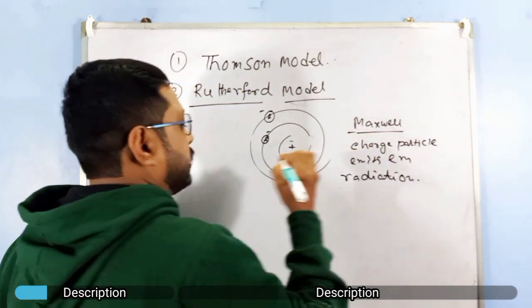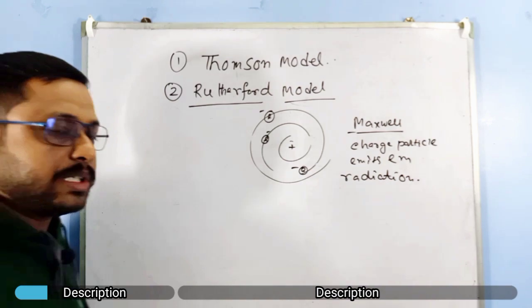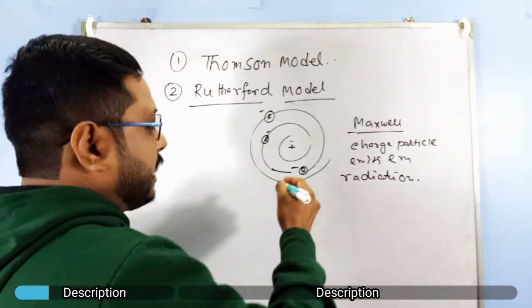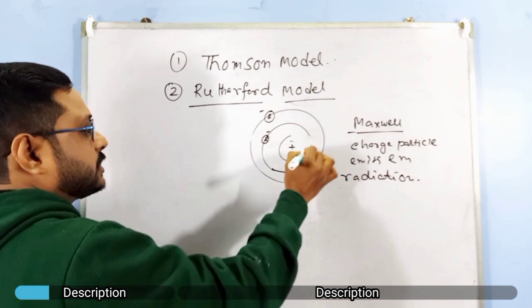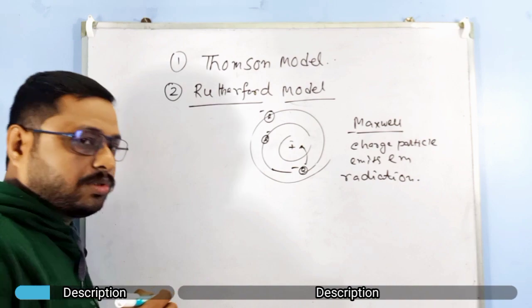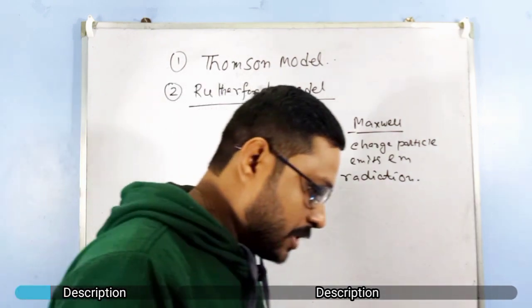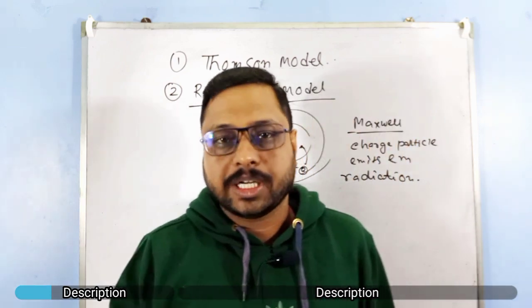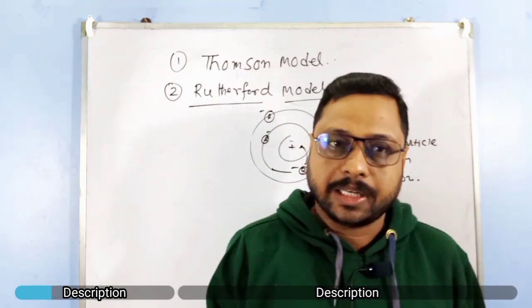So if the electron emits radiation continuously, then it loses its energy and its radius starts decreasing, and at a time it falls upon the nucleus. So the atom will be unstable. In practice we know that this is not possible, because atoms are not unstable, they are the most stable substance.